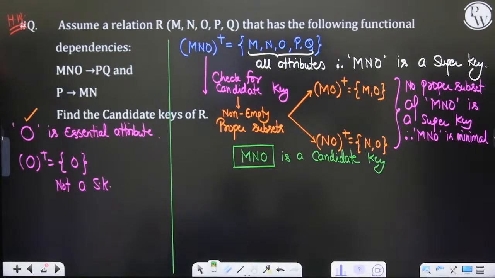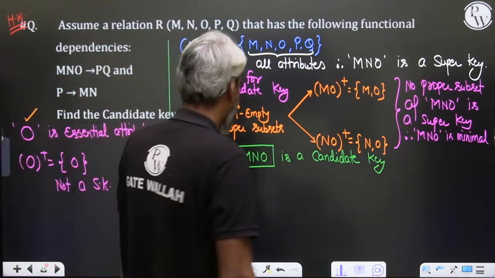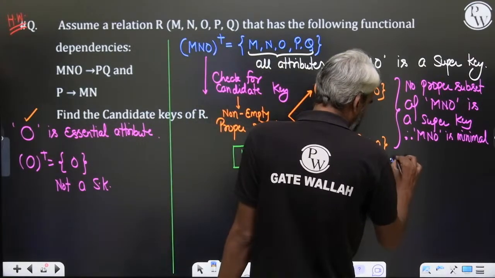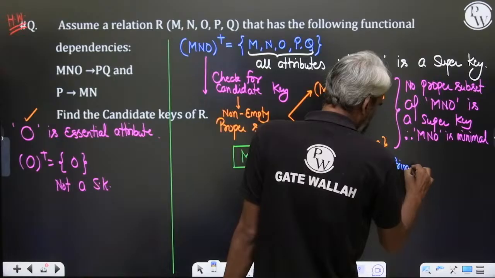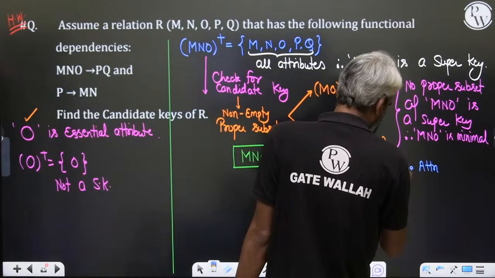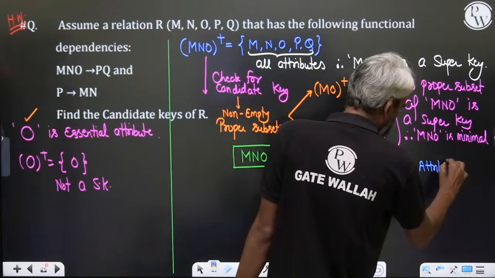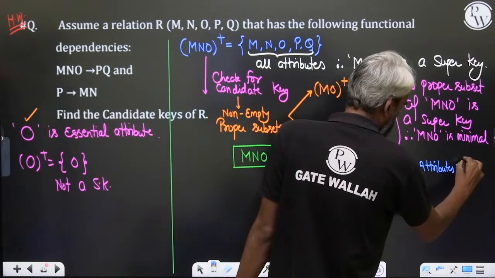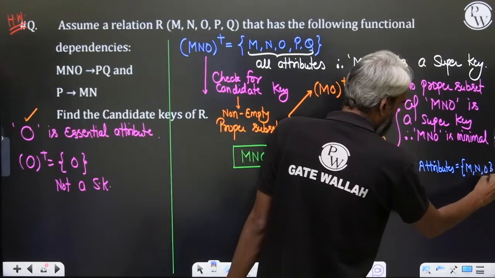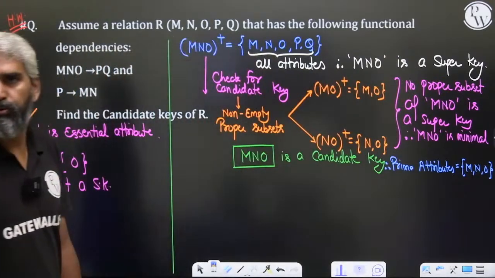Clear? Everyone? So, if MNO is the candidate key, then the prime attributes with respect to MNO will be M, N, and O.